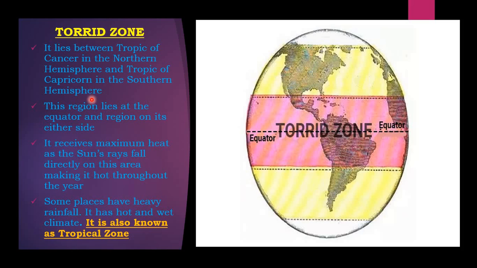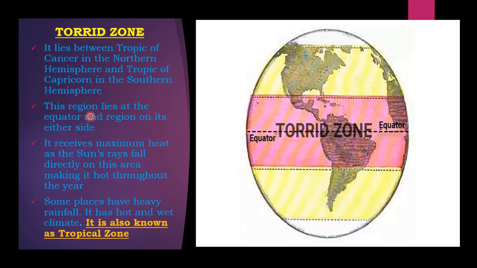I already showed it in the picture. Once again you can see here, this is the torrid zone and this is the equator. This is the North Pole and this is the South Pole. This is called the northern hemisphere and this is called the southern hemisphere.